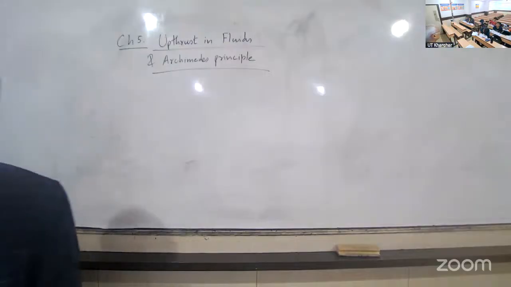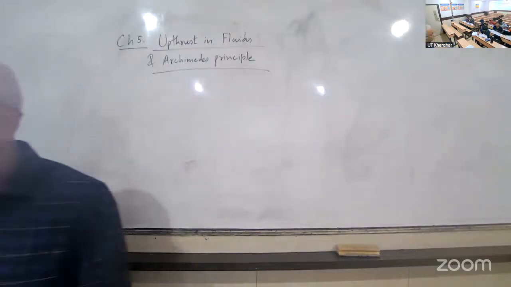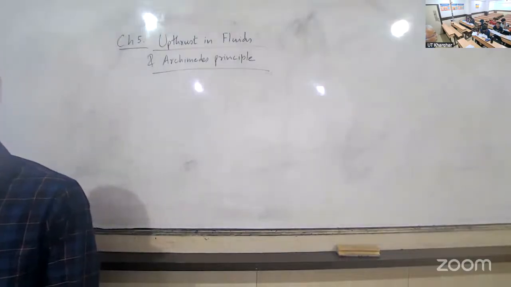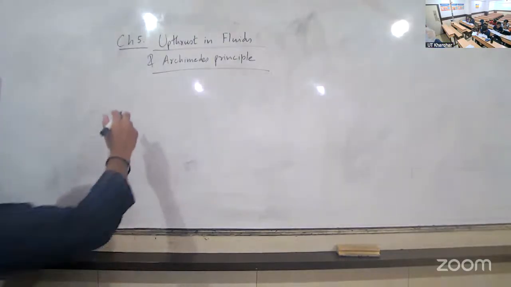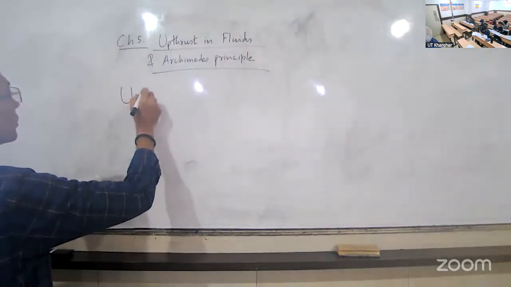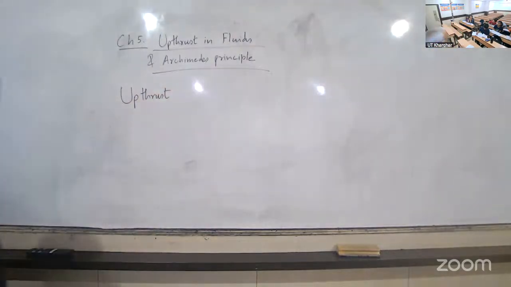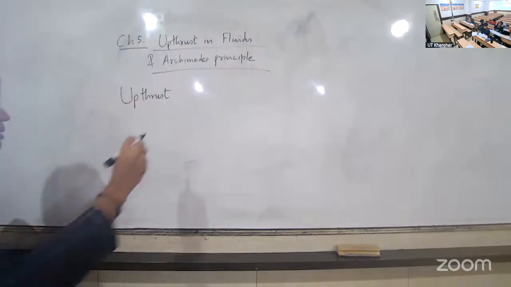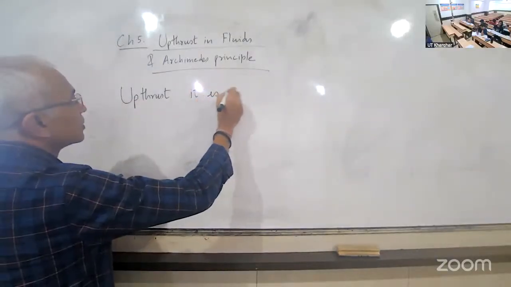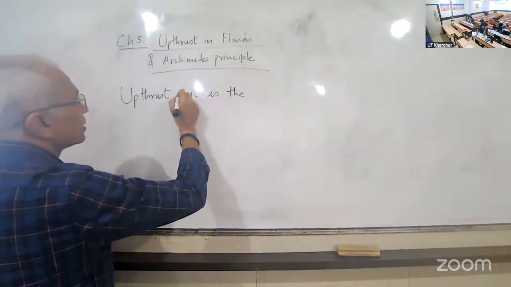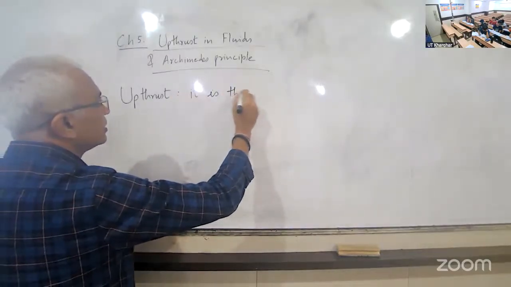So in the last chapter, we studied about thrust. In this chapter, we are going to learn about upthrust. Let us see what it is. What was the example of thrust? Weight. Weight was the example of thrust. So what is weight? It is a downward force. So what should upthrust be? It should be an upward force.